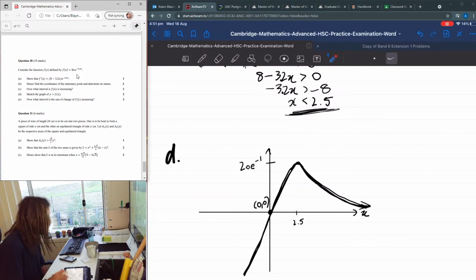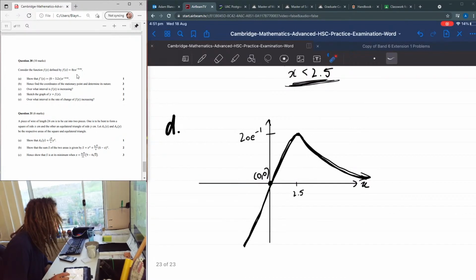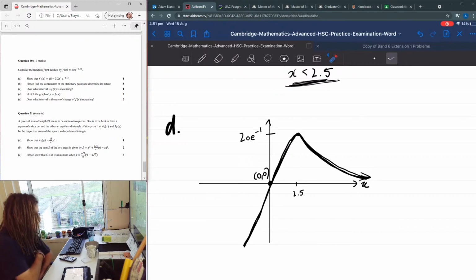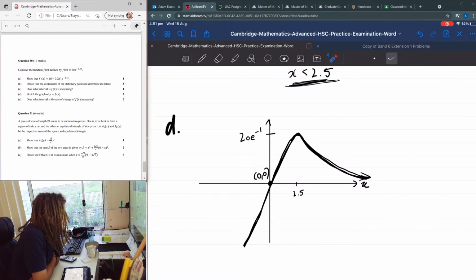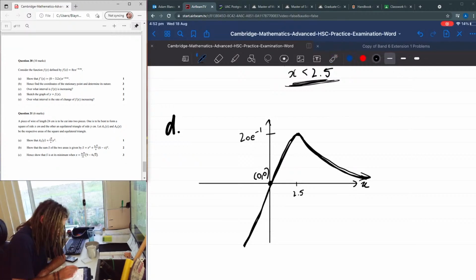Oh, is that it? Oh no, E. Over what interval is the rate of change of f of x increasing? So the rate of change increasing means the second derivative, when is that positive?